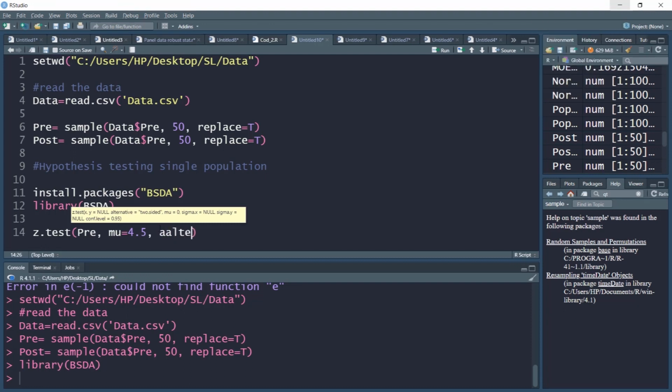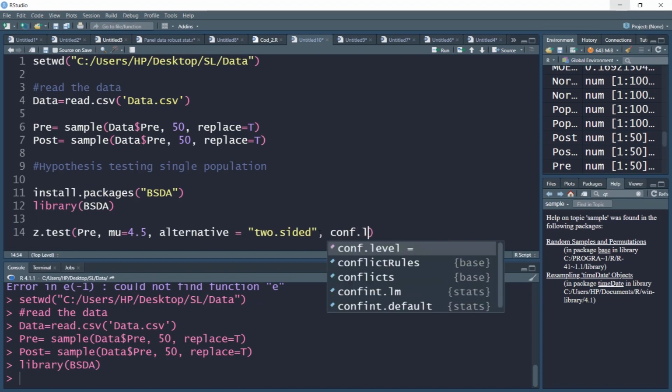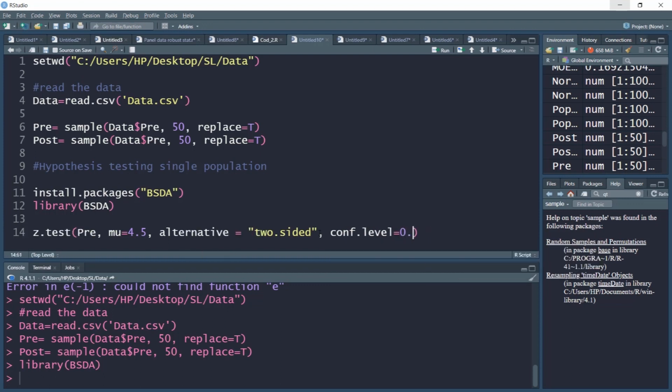And then we also state the alternative hypothesis, which is the two-sided case, so we are putting two.sided. That is, the mean can be either less or more. We also state the confidence level, which is 0.95. That means the significance level is 1 minus 0.95, which is 0.05.